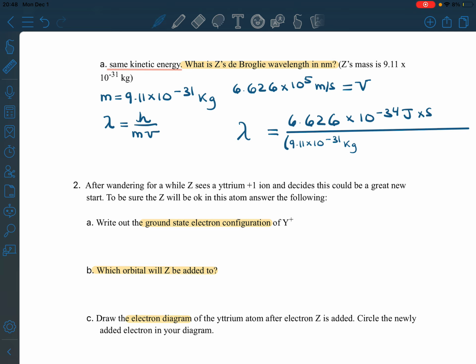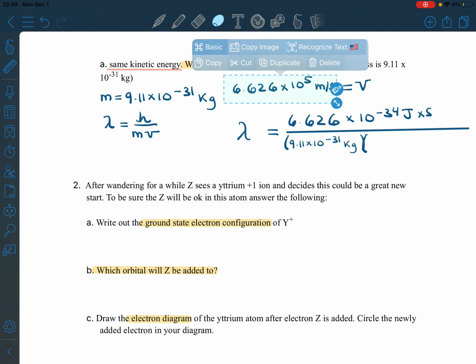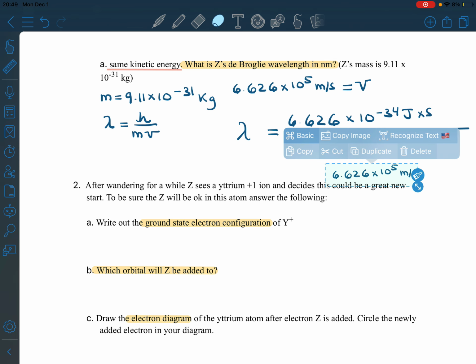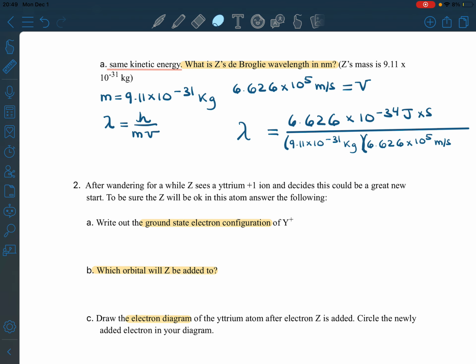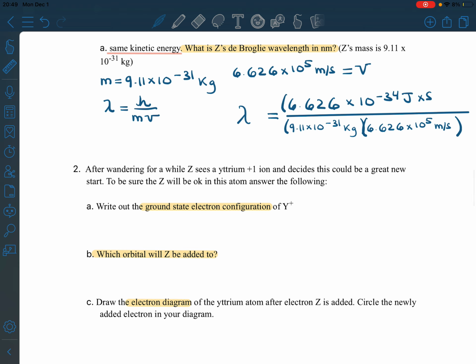And it's good practice to put parentheses around everything, but I don't always. Okay, so now we have our equation. And we plug that into the calculator.